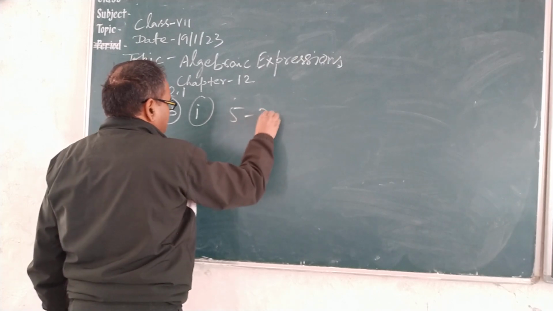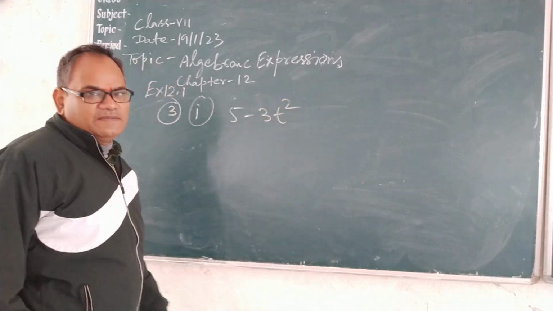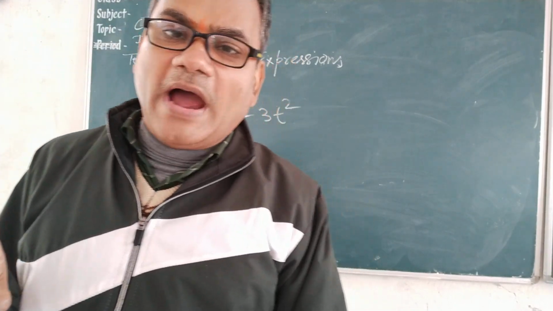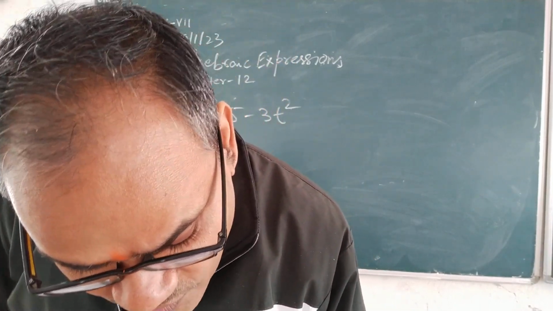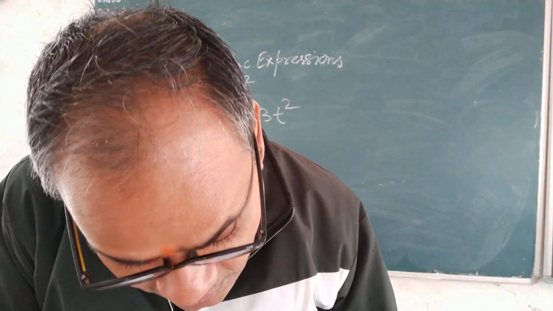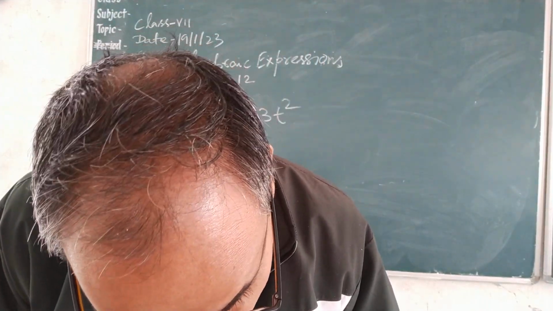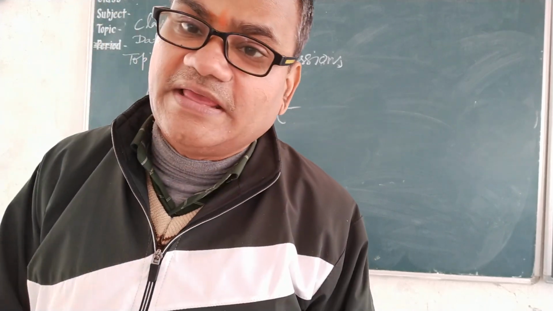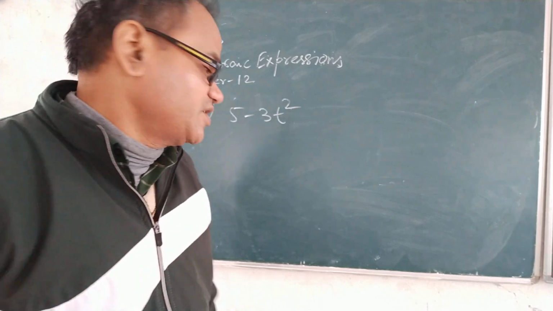5 minus 3t square. What do you have to identify? You have to identify the numerical coefficient of terms other than constant in the following expression. Now look here, children.